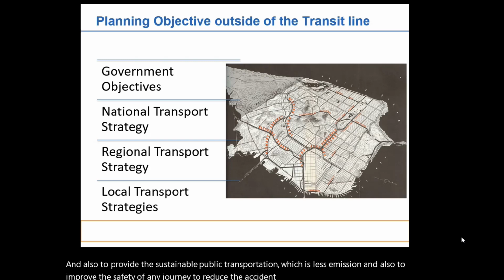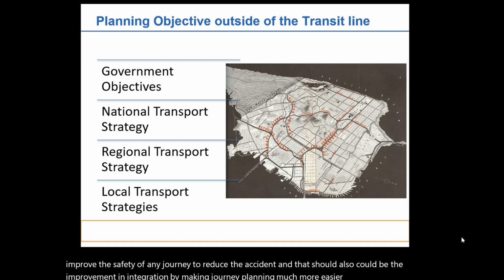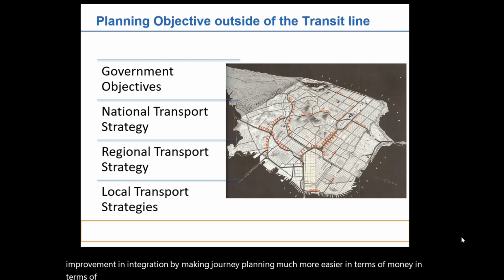And that could also be the improvement in the integration by making journey planning much easier in terms of money, in terms of accessibility, and in terms of the coverage.